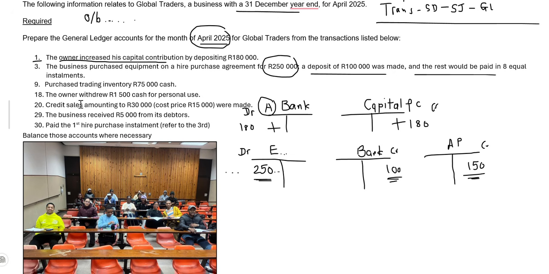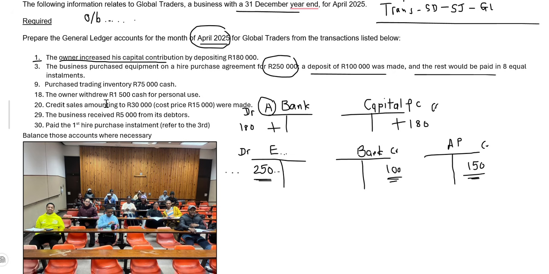Our debtors in your textbook are summarized under accounts receivable. Accounts receivable is a summary of all your individual debtors. Accounts receivable is an asset. Our debtors owe us more, 30,000 Rand more. Increase in assets, the account that must be debited is accounts receivable.